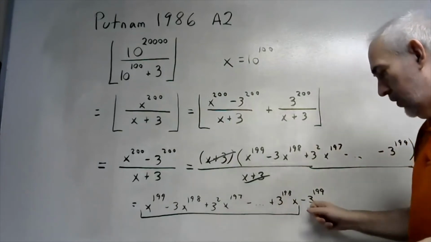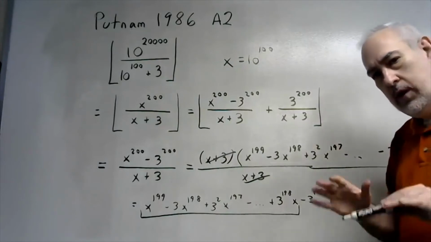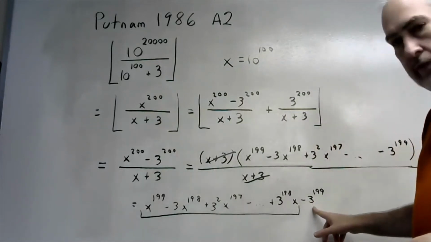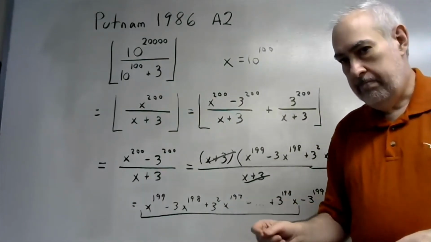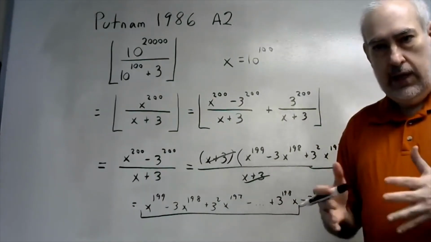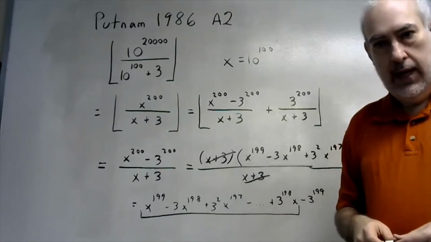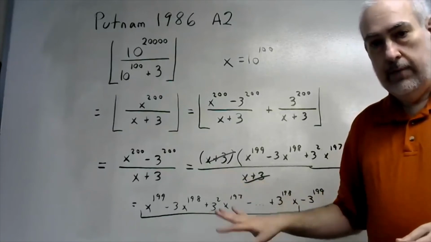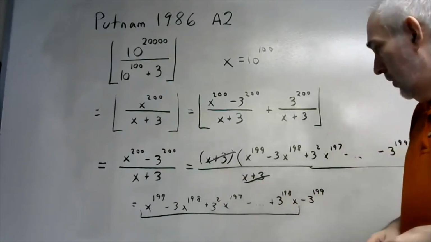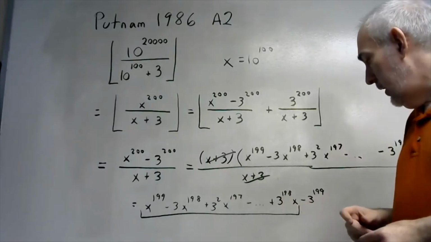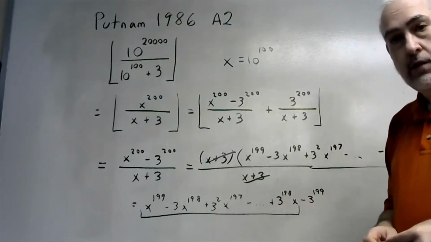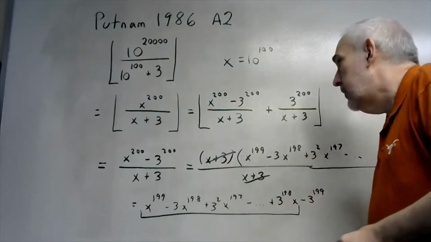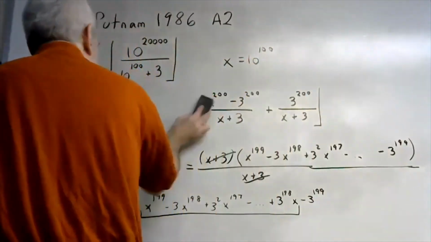And we really only need to worry about this part right here. Or another way of stating it is, if we can figure out what this is congruent to mod 10 as a number between 0 and 9, then that's going to be our units digit for the entire thing. Okay, so we've reduced the problem down into figuring out what is -3 to the 199 congruent to mod 10. Okay, let me clean up the chalkboard and we'll continue in a second.